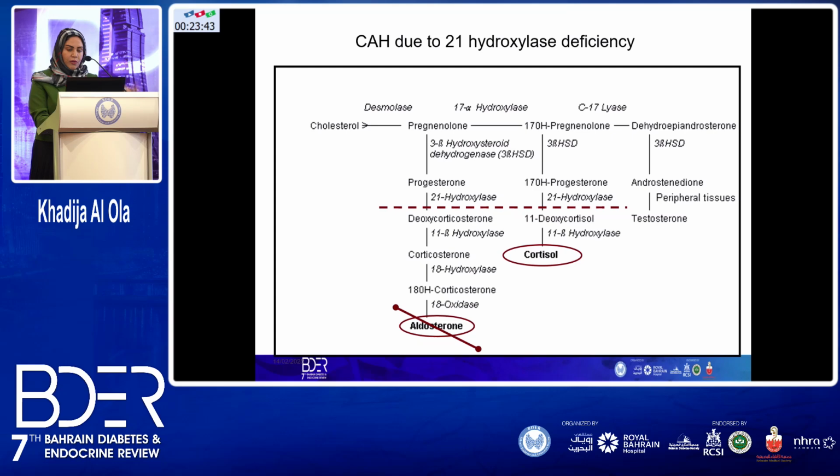If there is low cortisol, adrenal insufficiency. What will happen? The pathway will go towards the androgens and produce more testosterone. So if she is a female, she will be virilized and present with ambiguous genitalia, similar to a male. And if he is a male, he might be missed after birth.